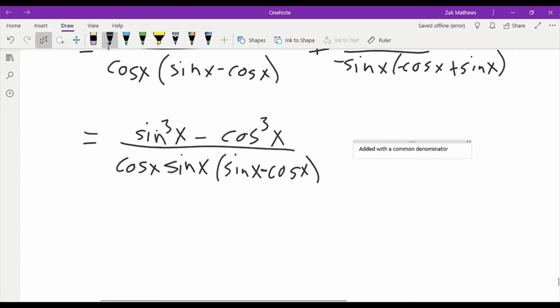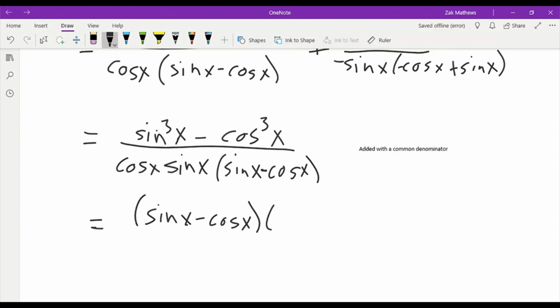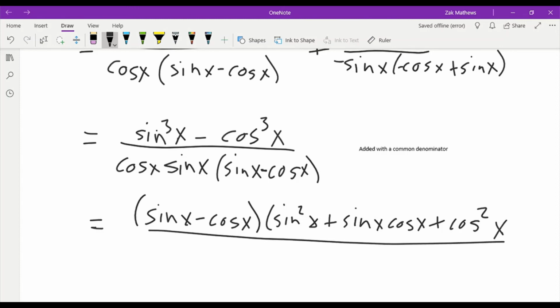Now what's jumping out at me is the top is the difference of perfect cubes, and so I can factor that. The top would factor as sine x minus cosine x, sine squared x plus sine x cosine x, and then I would have my plus cosine squared, all over our common denominator.